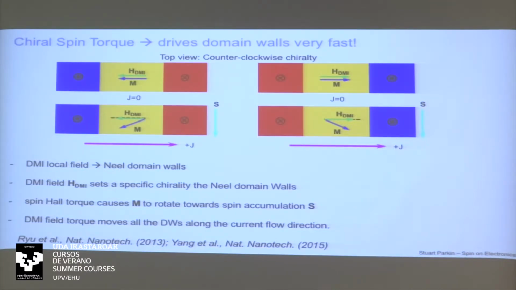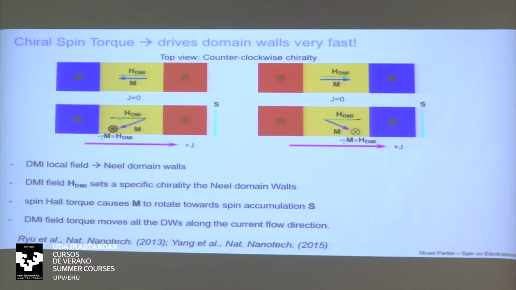And now the magnetization, you can see, no longer lies along the exchange field, because there's an angle, there's a torque. And that is the torque that actually then drives the domain walls. And the torques are such that on the left-hand side, then the blue region will grow and move to the right. And on the right-hand side, the red region will be moving to the right. And this is why the two domain walls move in the same direction.